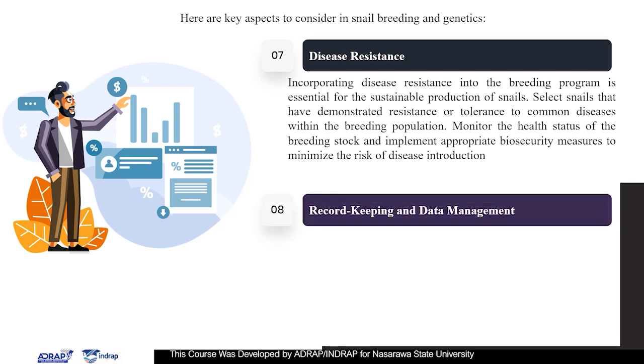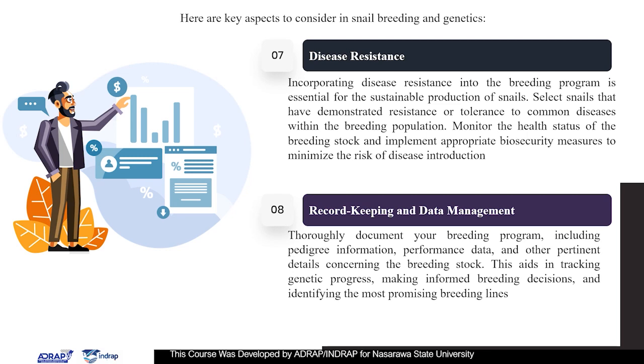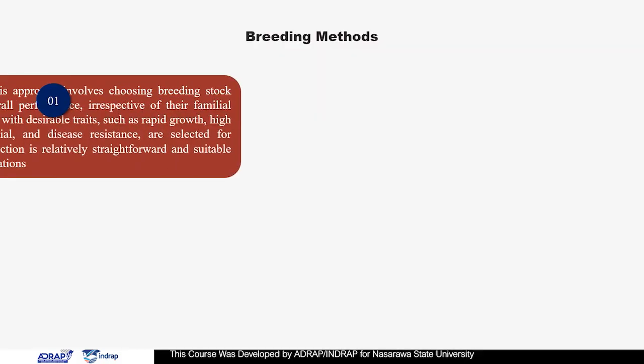Record keeping and data management. Thoroughly document your breeding program, including pedigree information, performance data, and other pertinent details concerning the breeding stock. This aids in tracking genetic progress, making informed breeding decisions, and identifying the most promising breeding lines. Breeding methods. Mass selection.